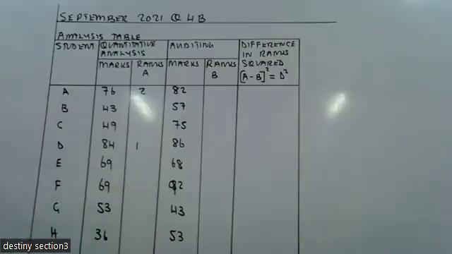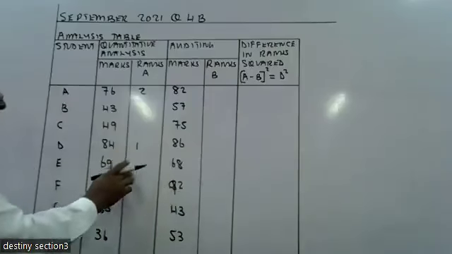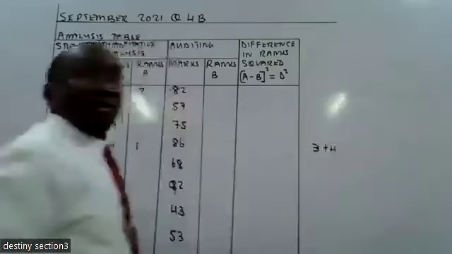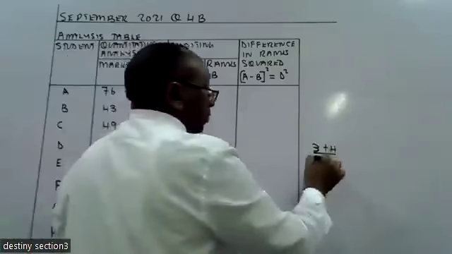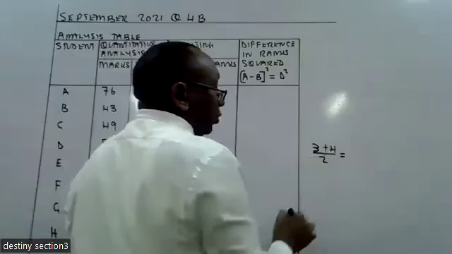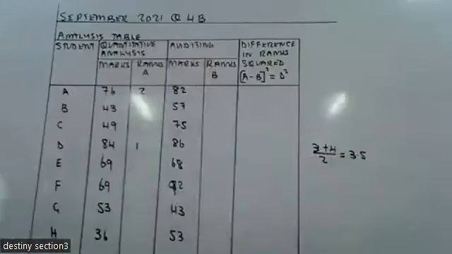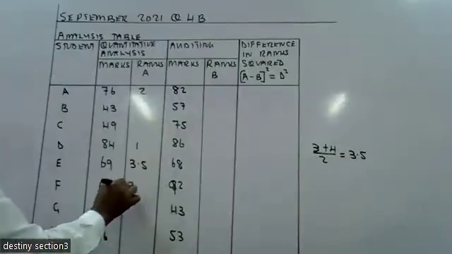So because they are 2, we are supposed to give them position 3 and position 4. So you add these 2, divide by 2, and that will be 3.5. So each one, you give it 3.5.